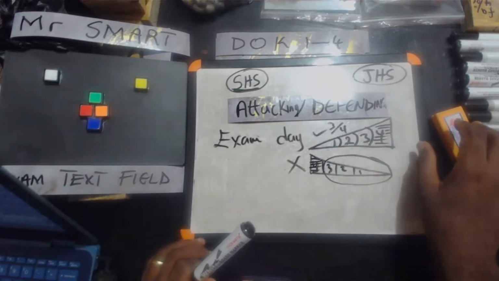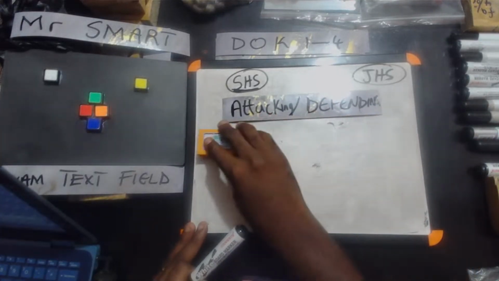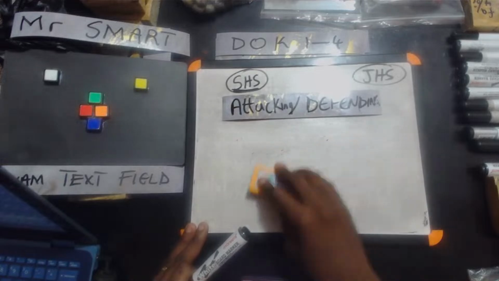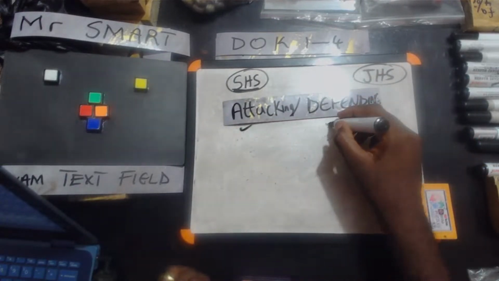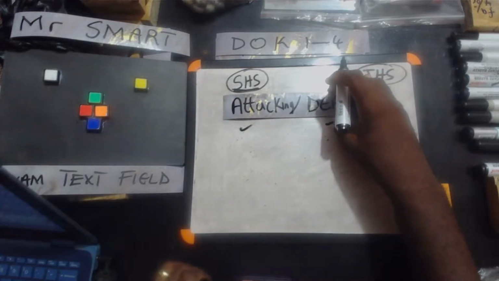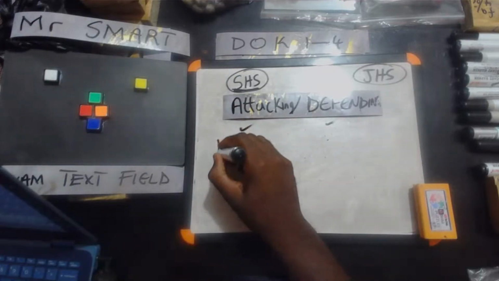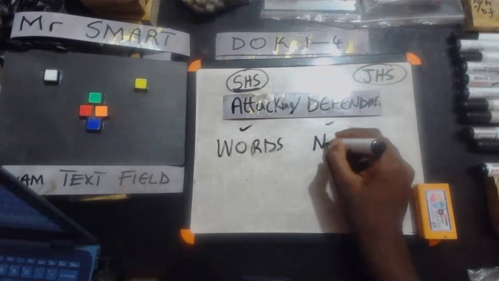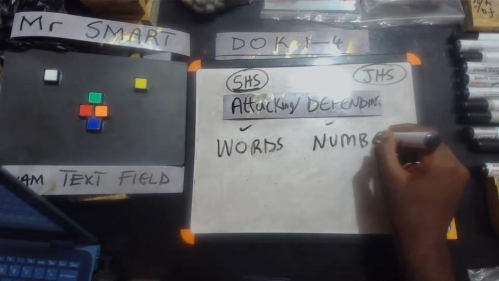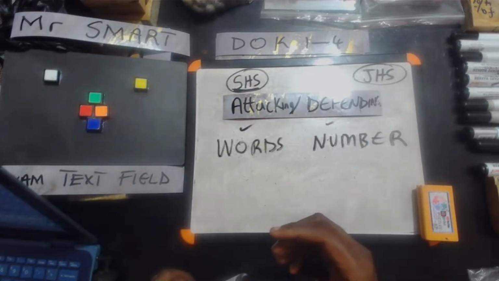Very simple. So now that we're done with attack, let's go to defense. Now, when it comes to exam day defense, we must recognize, like we mentioned, that we are defending our words and we are defending numbers. Basically, that's what we are going to do on exam day.